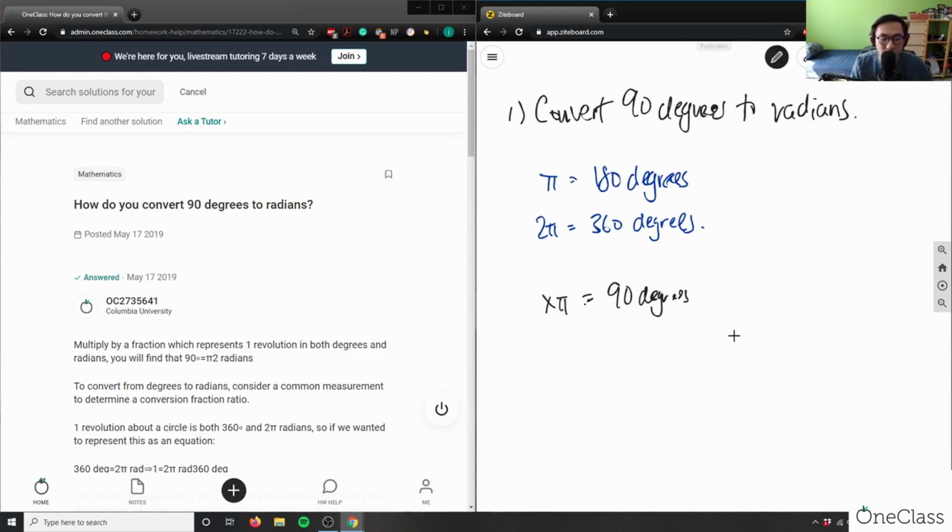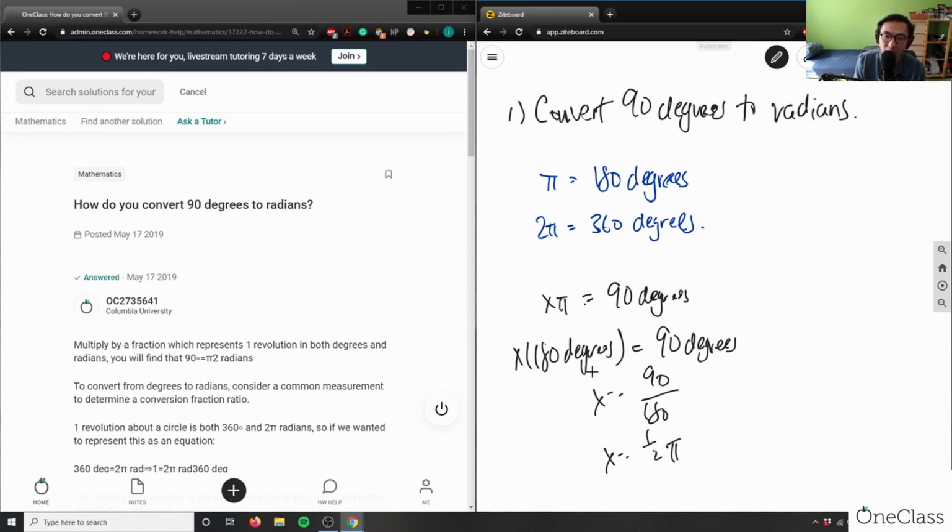And if I want to solve for this, I can simply say, if pi equals 180 degrees, then I can simply divide out 180 on both sides, right? Which means x equals 90 over 180 degrees, which also equals half, right?